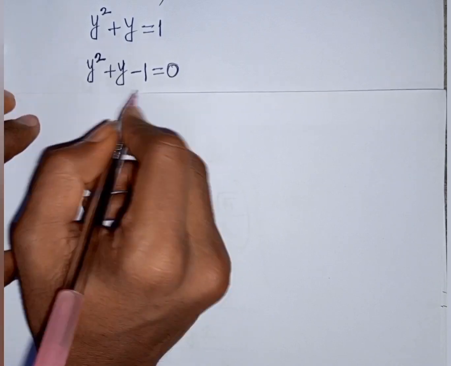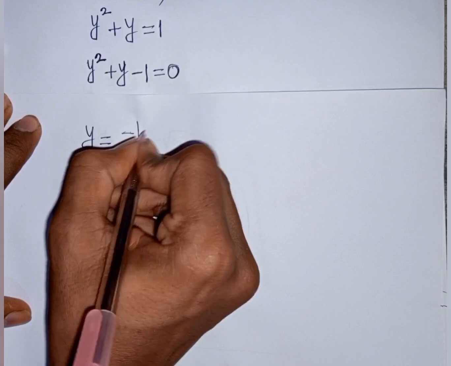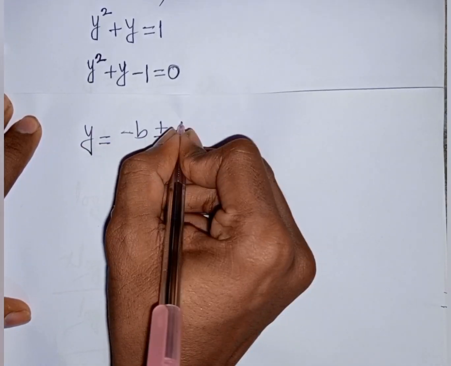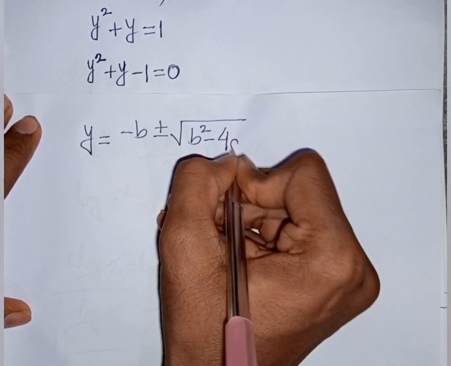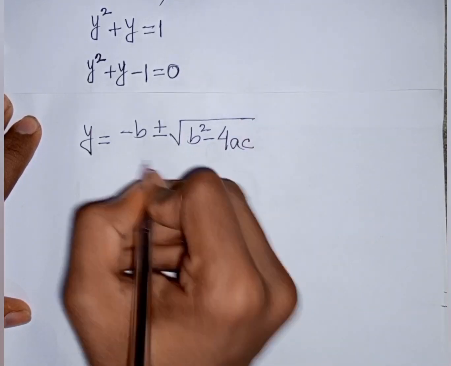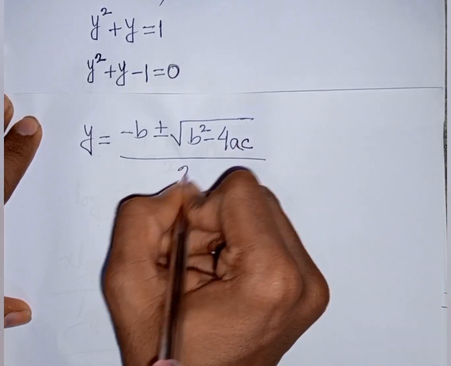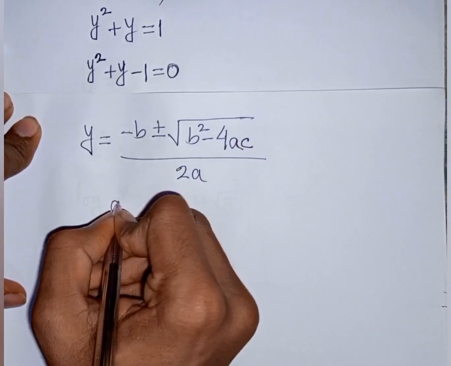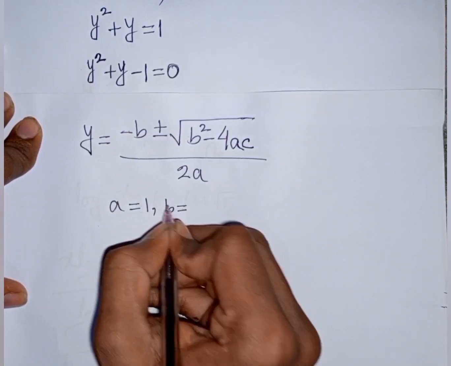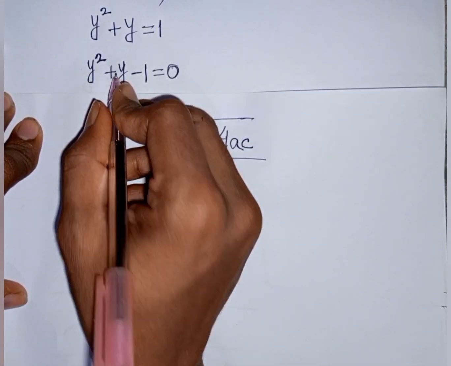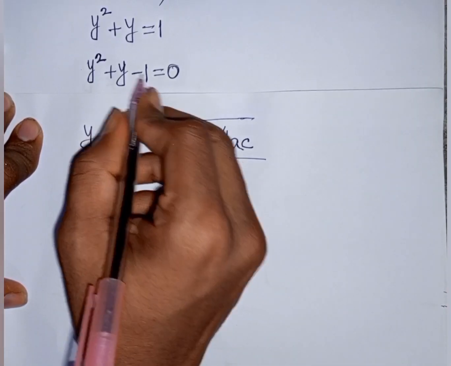Now here I can apply the quadratic formula, so I can write here y is equal to minus b plus or minus a square root of b square minus 4ac, divided by 2a. Here a will be equal to 1, b will be equal to 1, after that c will be equal to minus 1.